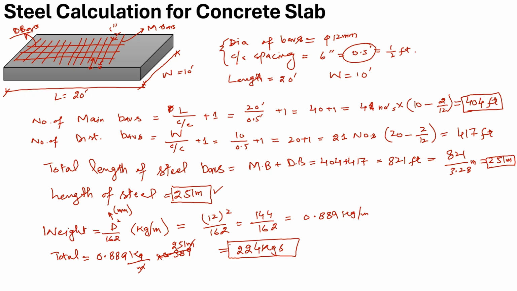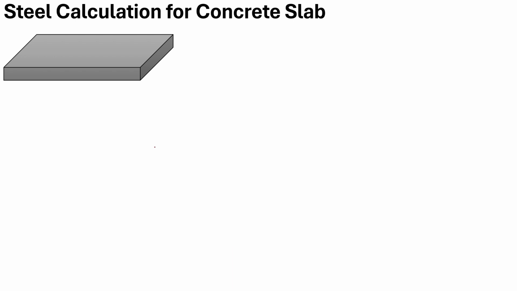You can try another calculation, and you can get different answers by assuming different dimensions of the slab, different diameters of distribution bars and reinforcement bars, and different spacing between the longitudinal and transverse reinforcement. So, what will we conclude?